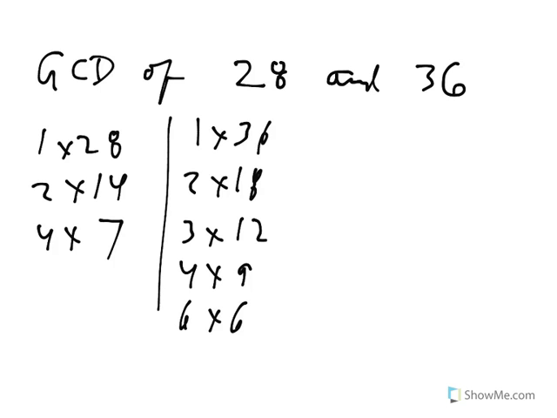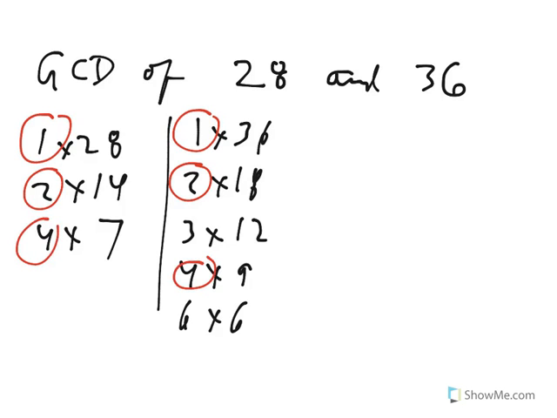And inspect these numbers that are all divisors or factors of the number and say, well, of these numbers, they have in common 1, 2 is a common factor, 4 is a common factor. Of those common factors, 4 is the largest. So we say that the GCD of those two numbers is 4.